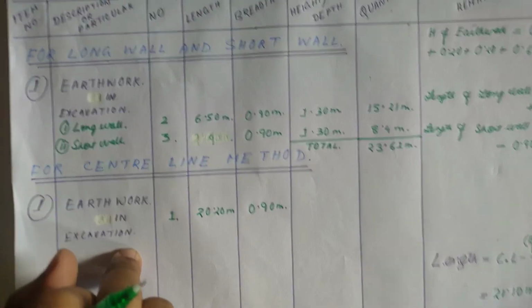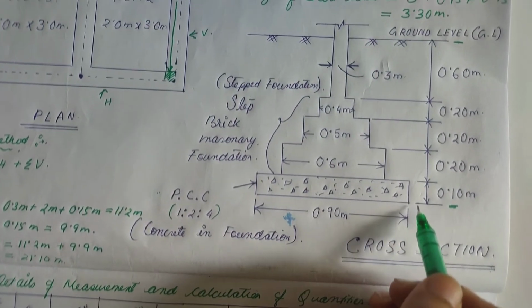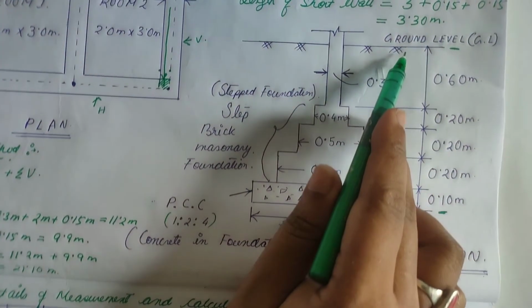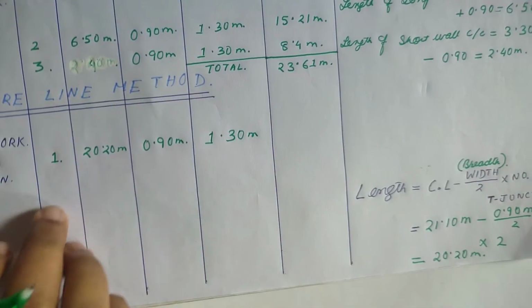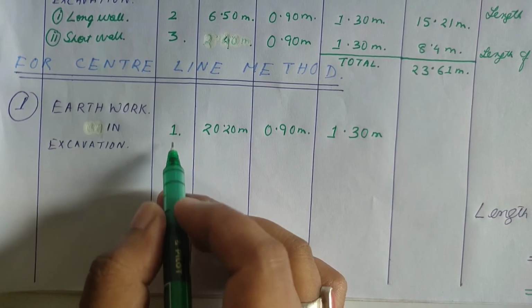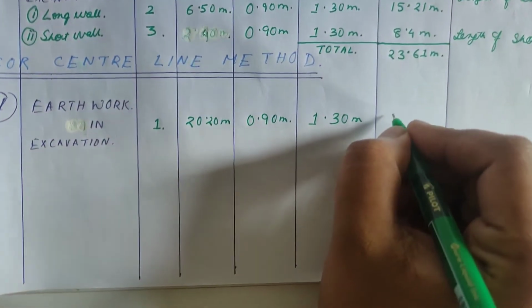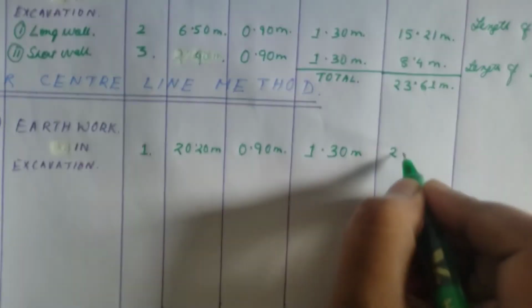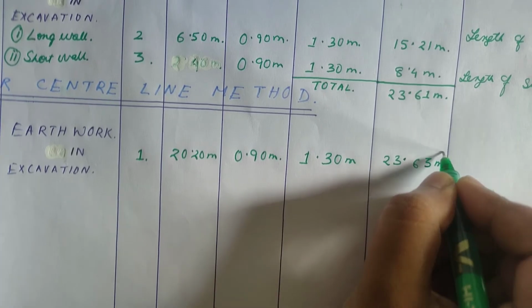As we are doing excavation work, the height is considered from the concrete in foundation up to the ground level, that is 1.30. So height will be 1.30 meter. Now we will multiply this and we will get the quantity. After multiplying the number, length, breadth, height, the total will be 23.63 meter cube.